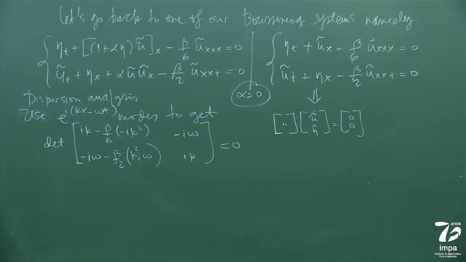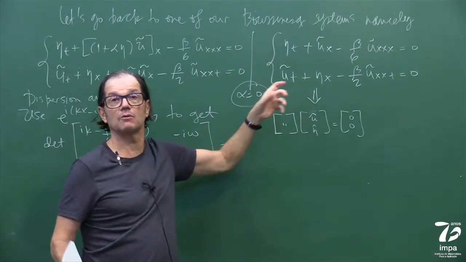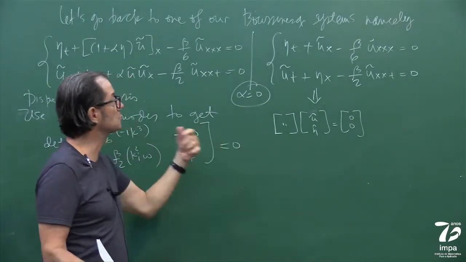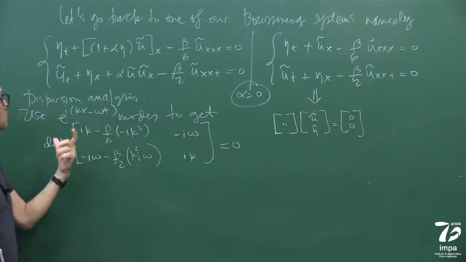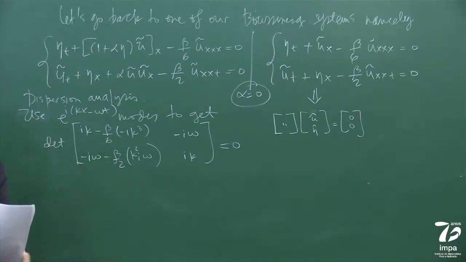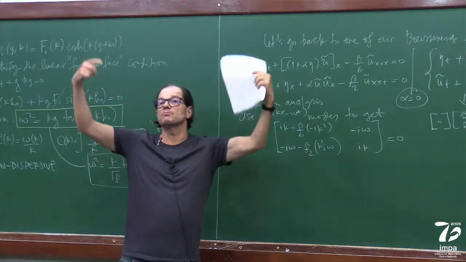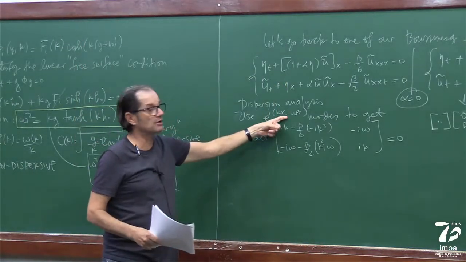So what I'm doing is, this is my linear system of PDEs, and I want to do a Fourier analysis. So I put what we also call a propagating mode. Do you agree? This is a propagating mode, right? So I say, okay, I'm going to do a Fourier analysis. Since it's a linear problem, and since I can superimpose all the modes, take a generic mode.